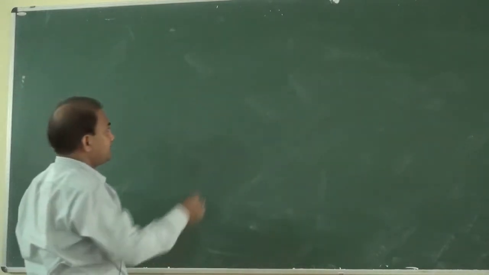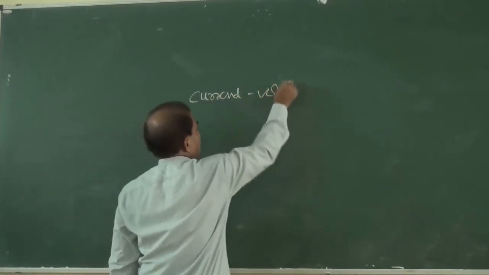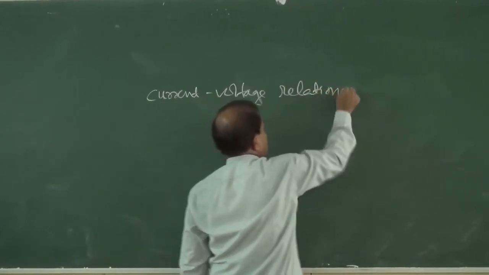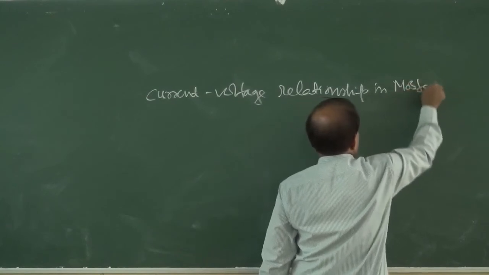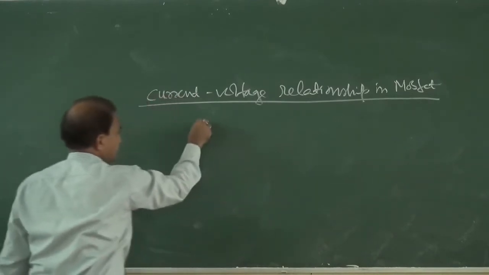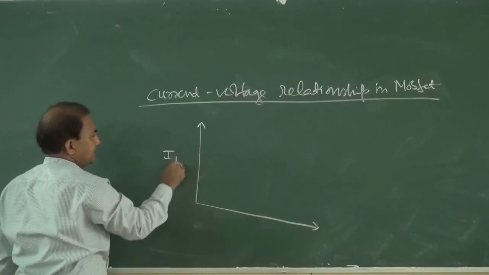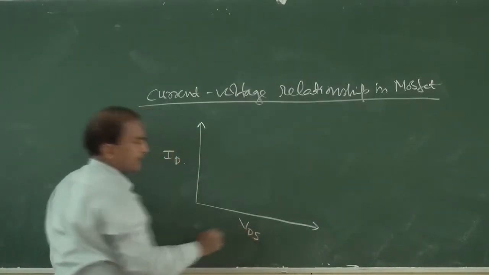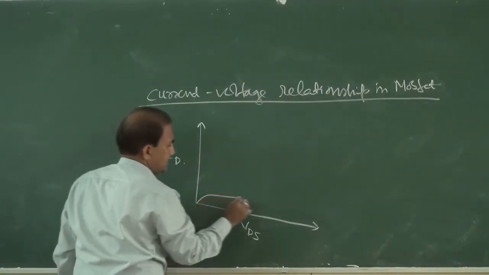Now we will study the current voltage relationship in MOSFET, that is, drain current versus drain voltage VDS for different values of VGS. So it will be like this.